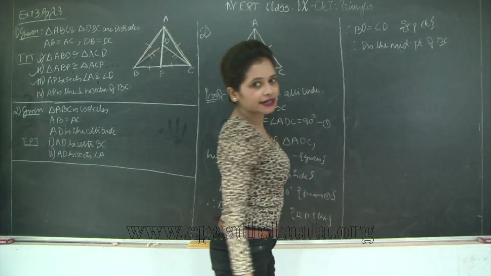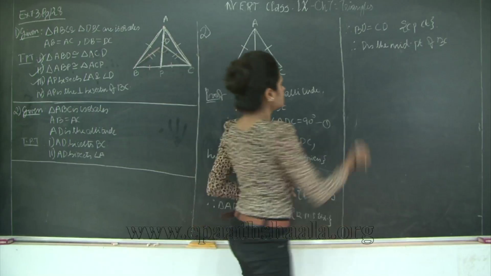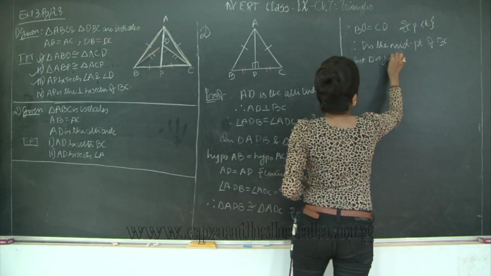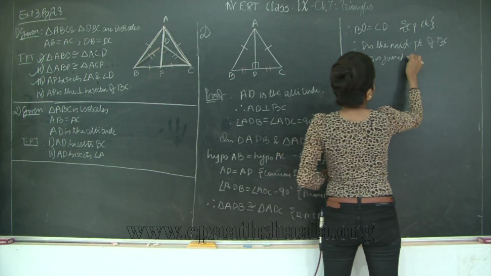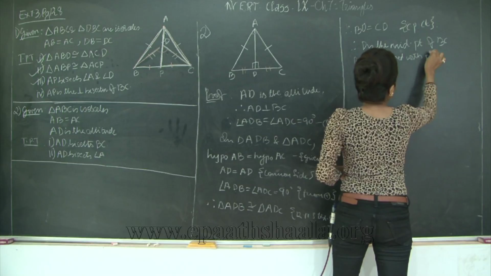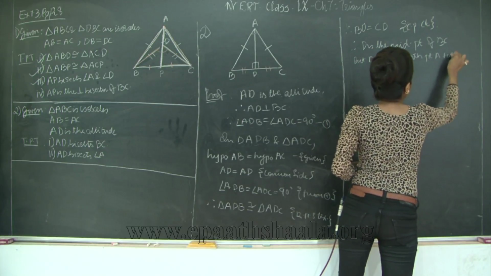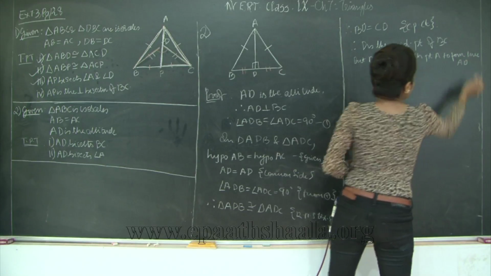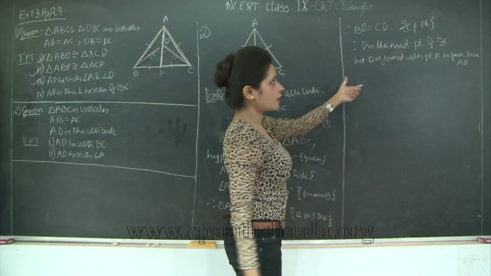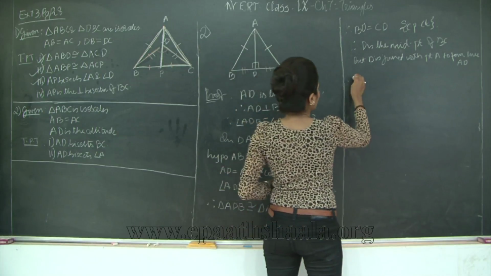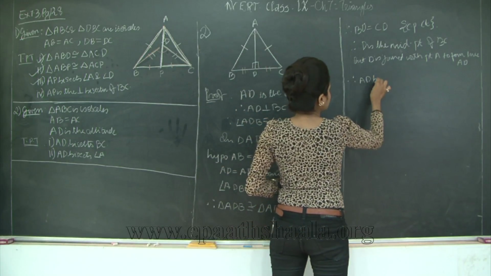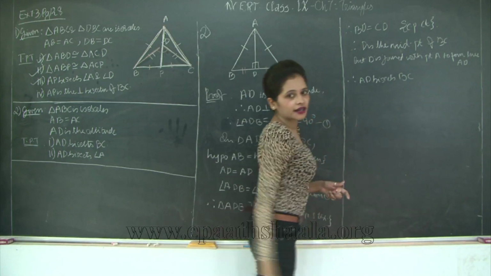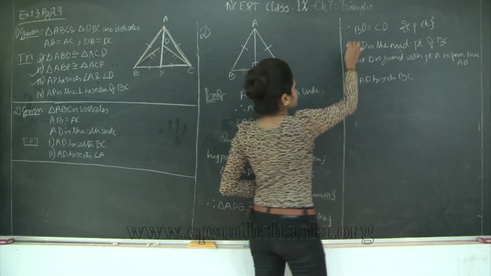But we have a straight line here, AD, correct? D is joined with point A to form line AD. Therefore, AD becomes the bisector of side BC. Therefore, AD bisects BC. Correct?